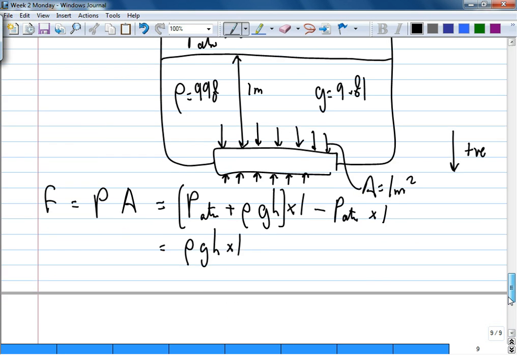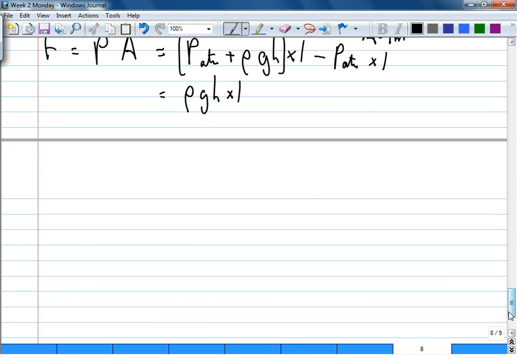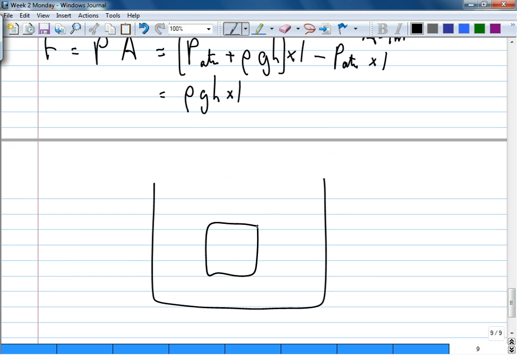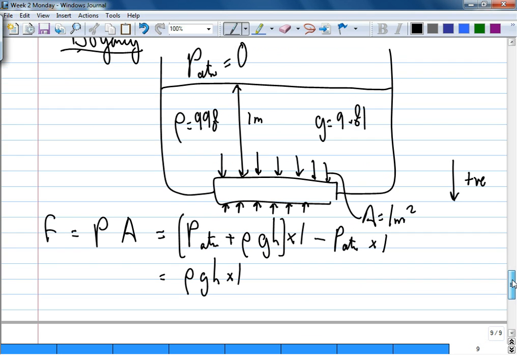So, final example. H1, the top area A. This is water again. You okay about this one?